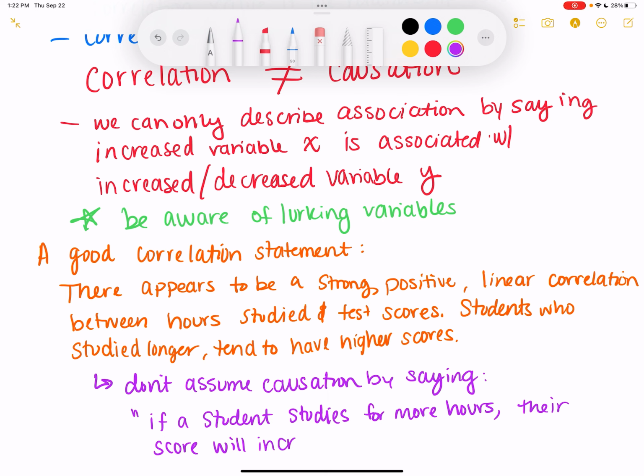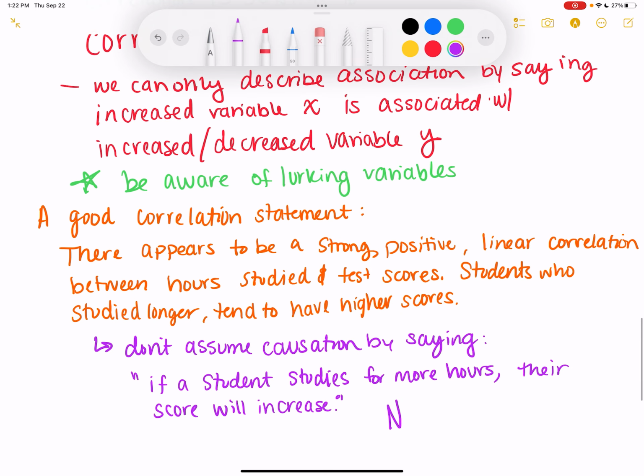Just because the evidence we were given says that the students who studied longer got a better test score does not mean that that is always the case. So that's why we can't say, if you study for more hours, then you're going to get a higher test score, because that's not necessarily true. So no causation.